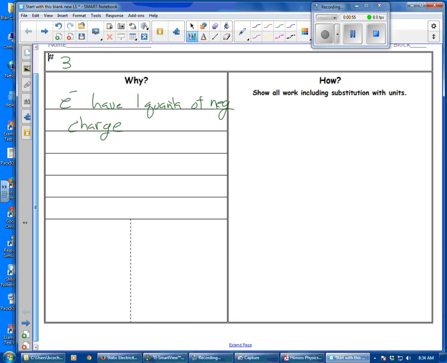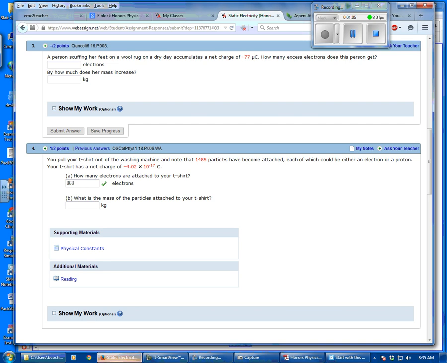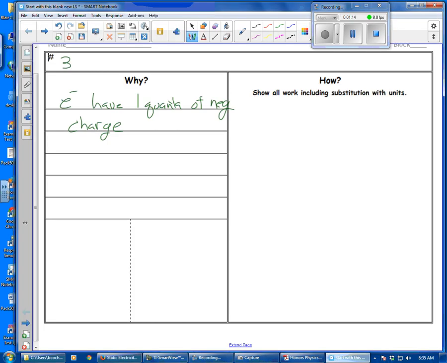Because if you don't remember that fact, you're not going to go far in solving this problem. That would be all you would need for your Y on this one.